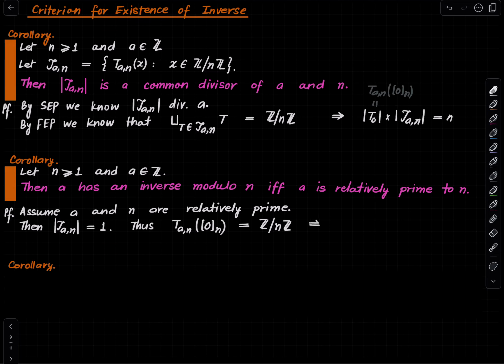Okay, which implies that the remainder class of 1 lies in the trajectory of 0. Right? But that implies this is equal to this plus Ka for some k. So I should say for some integer k. And now if you unravel this, or maybe I will not skip any step.